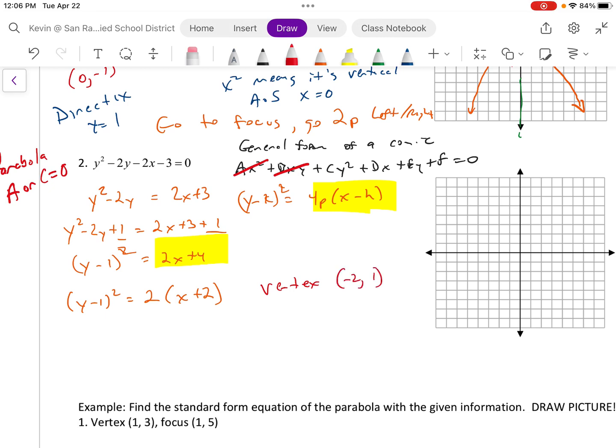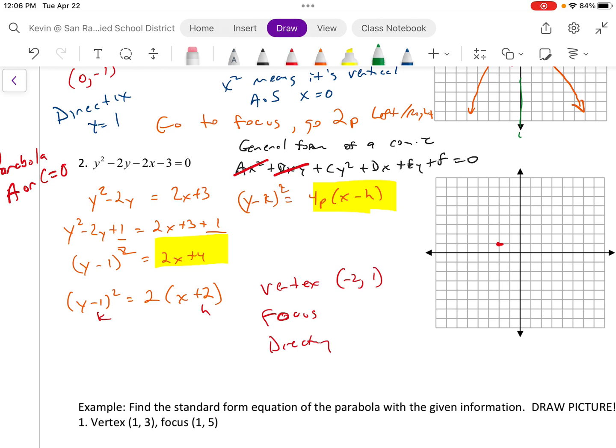All right, so I have my vertex. My vertex is negative 2, 1, right? h, k. So negative 2 and 1 is my vertex. Okay, I need my focus. I need my p.